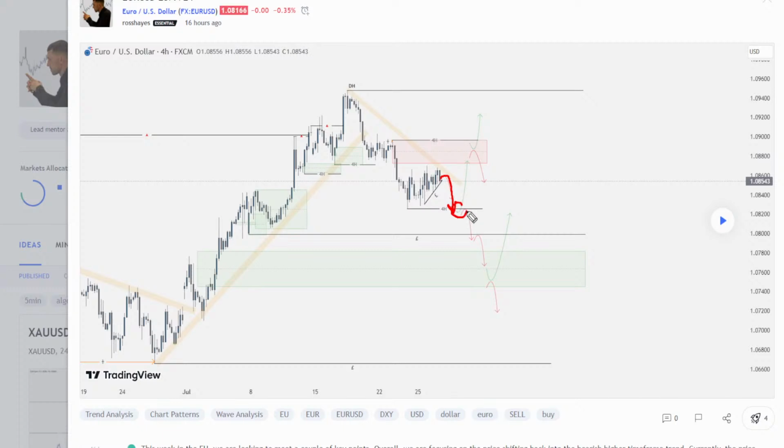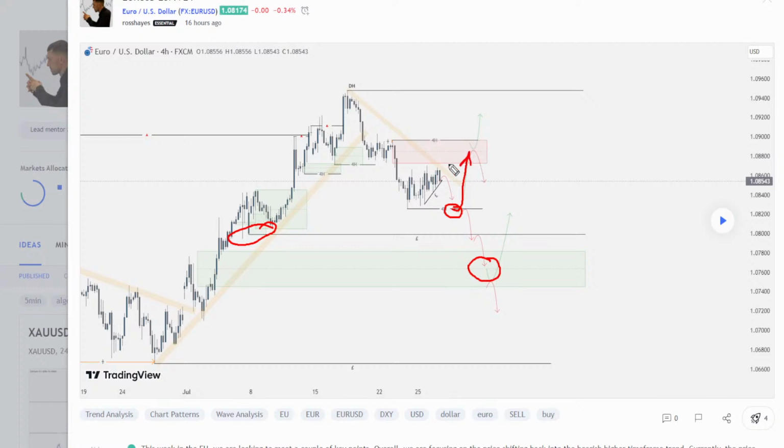Then when we get to the 4-hour low, we're looking for price to either break through and reach down for the liquidity placed below the lows right here. And we of course have this area of demand as well. So if we do break through the lows, we're looking for either a short-term sweep of the low and then a push back up to the area of supply.